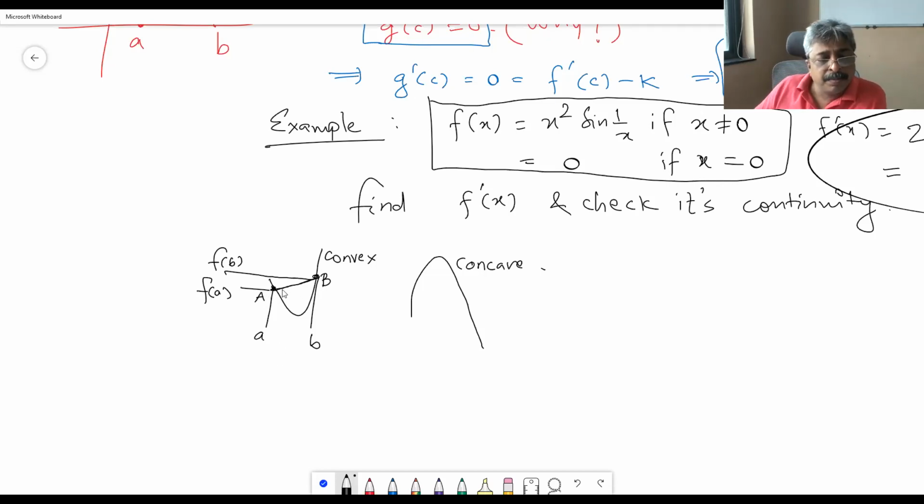chord AB. If for any value of x between a and b, you evaluate the value of the function, and you evaluate the value on the chord, so suppose this is the point, say C. If I am evaluating this point for a value on the y-axis, this will be f of C, because this curve is y is equal to f of x.